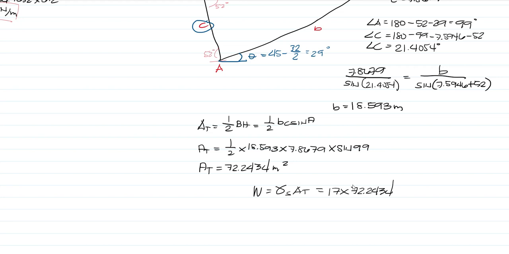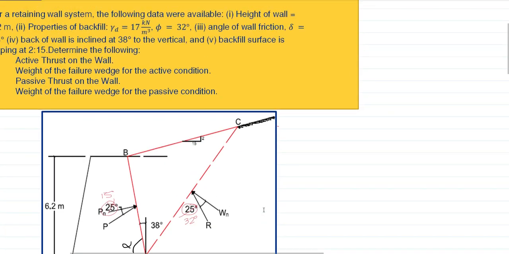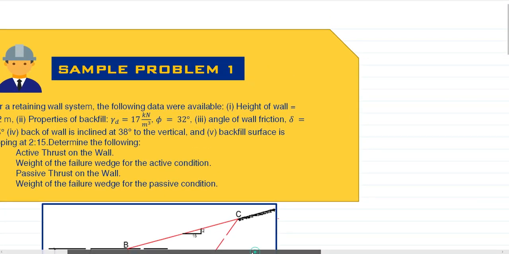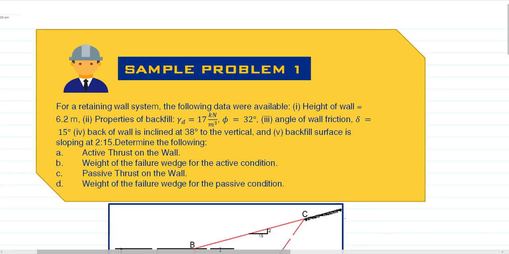So ngayon meron na tayong W, which is equivalent to 1228.1378. So this is in kilonewton per meter. So ito na ngayon yung hinahanap natin na weight of the failure wedge. So since nakuha na natin lahat nung required for our problem, so that is all for our sample problem number 1.